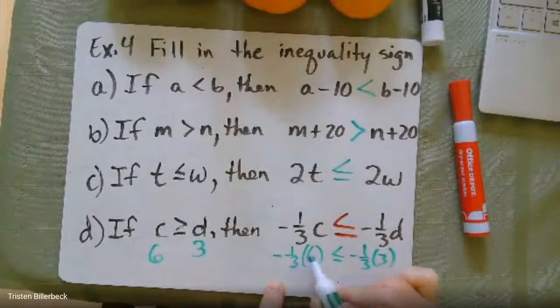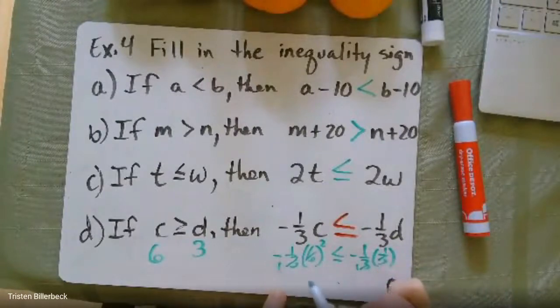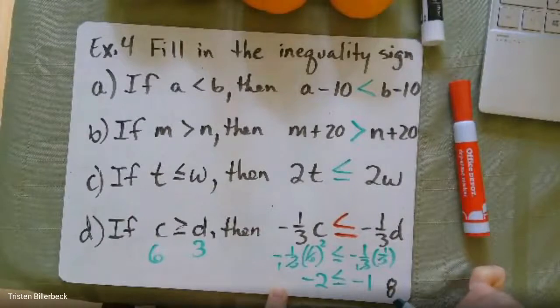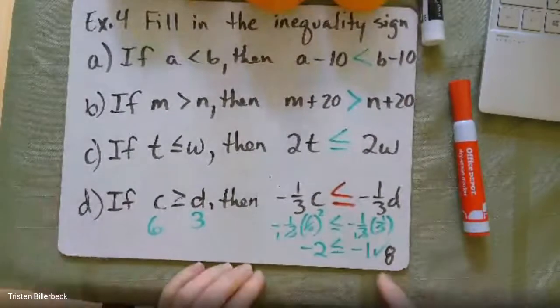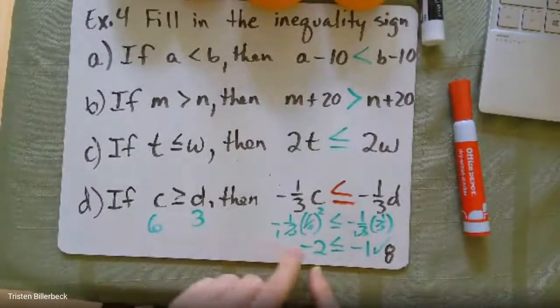When we cancel this out and cancel that out, this becomes negative 2 is less than or equal to negative 1. And that checks. We did it. So we checked it out. We put a 6 and a 3 in there.